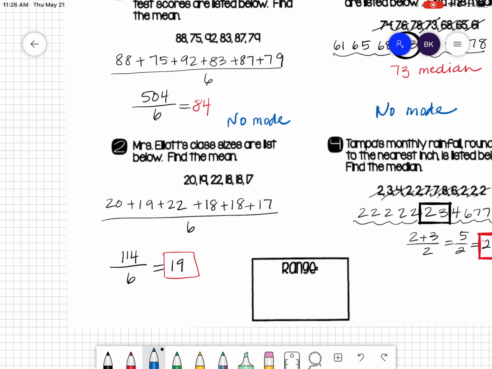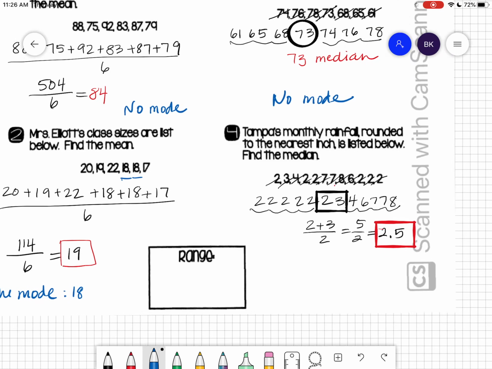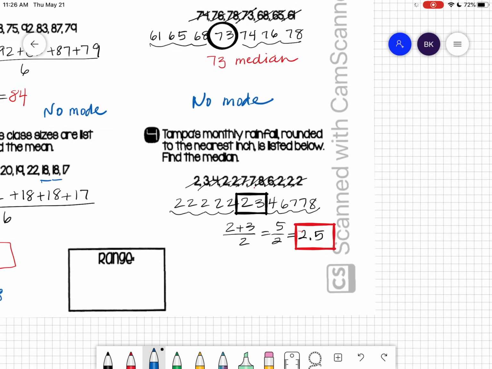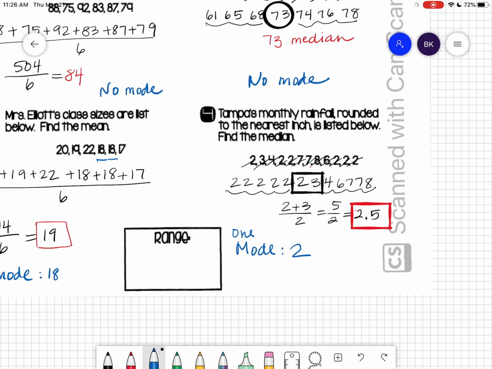Example number 2, I'm noticing that I have 2 18s, so it has one mode, which is 18. And finally, in example number 4, I see 2 repeated 6 times, so it has one mode, which is 2.